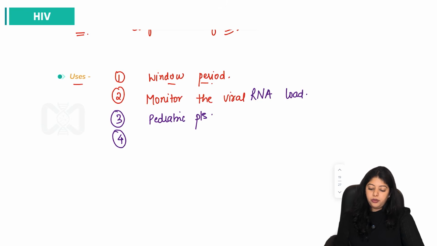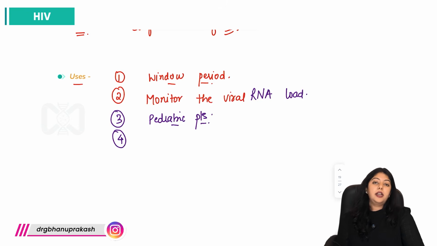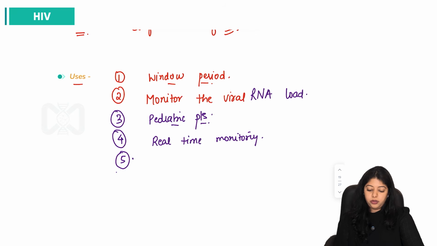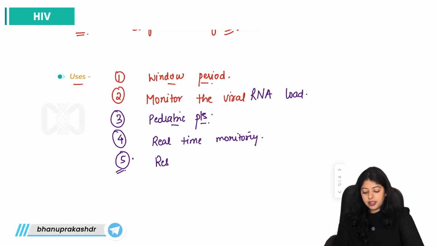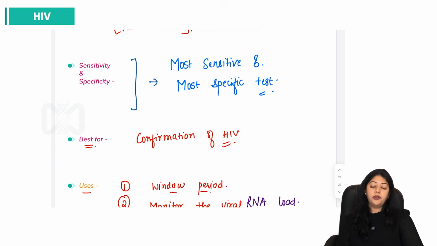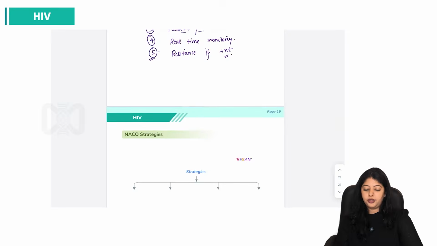It can also provide us the real-time monitoring. And it can also help detect certain resistances if present. Right? So these are the uses of viral RNA detection.